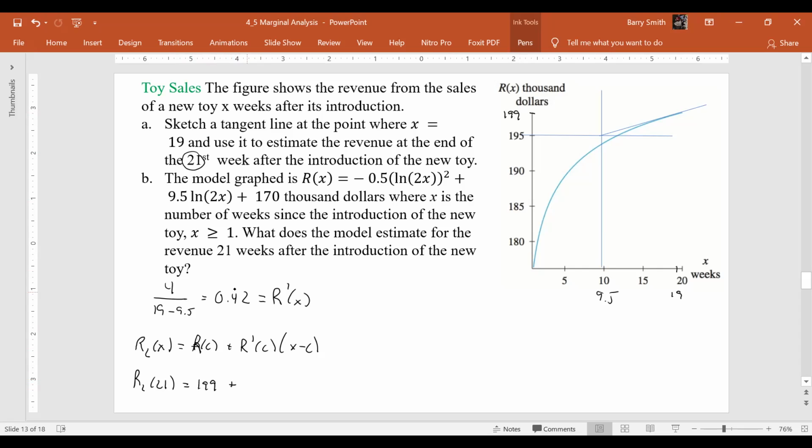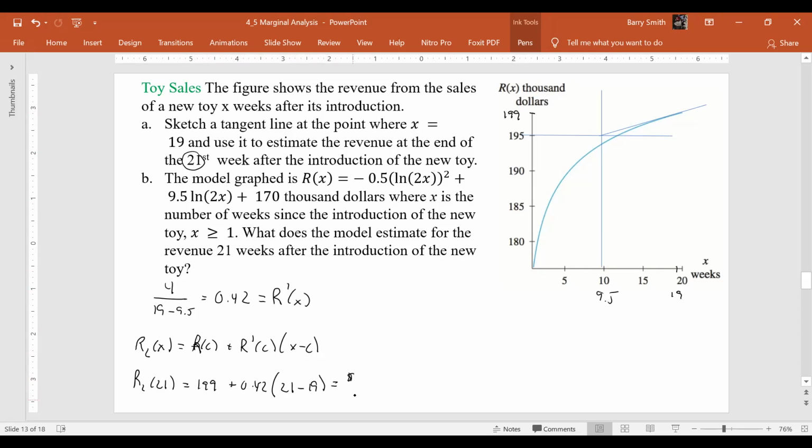Plus R prime of c, which we said was 0.42, times x, which is 21, minus 19. So now we do 199 plus 0.42 times 2, and we get 199.84.